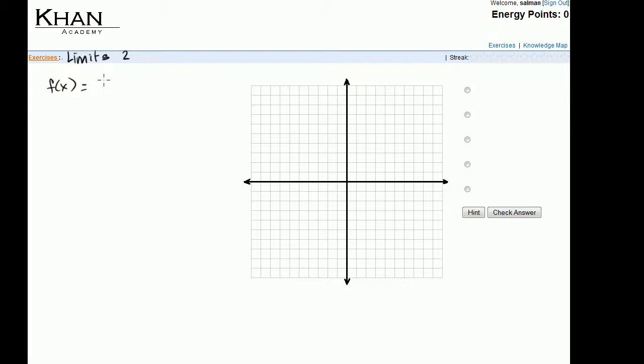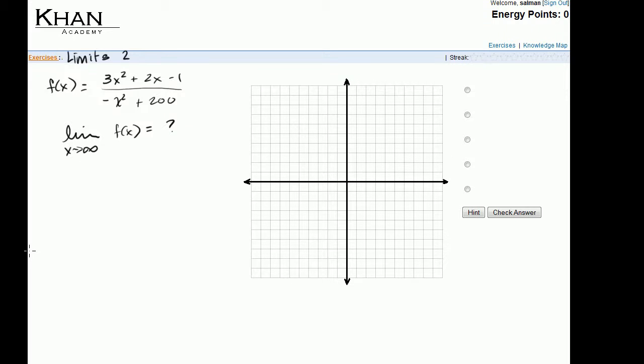So let's say you have 3x squared plus 2x minus 1 over negative x squared plus 200. And of course we'll ask: the limit as x approaches infinity of f of x is equal to question mark.